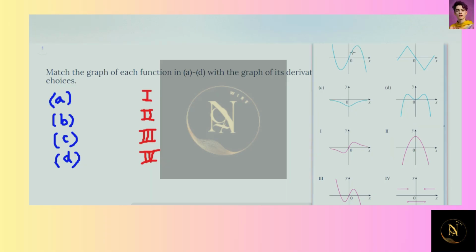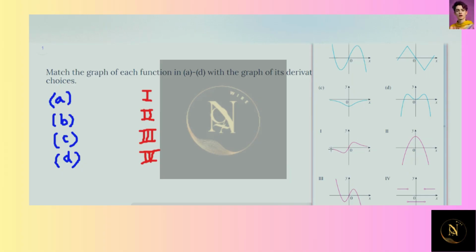So what this tells us is that the derivative function will have a value of 0 twice, and only twice, here to the left of the y-axis and here to the right of the y-axis. So if we look at the functions below, 1, 2, 3, and 4, only one of the functions satisfies this requirement.